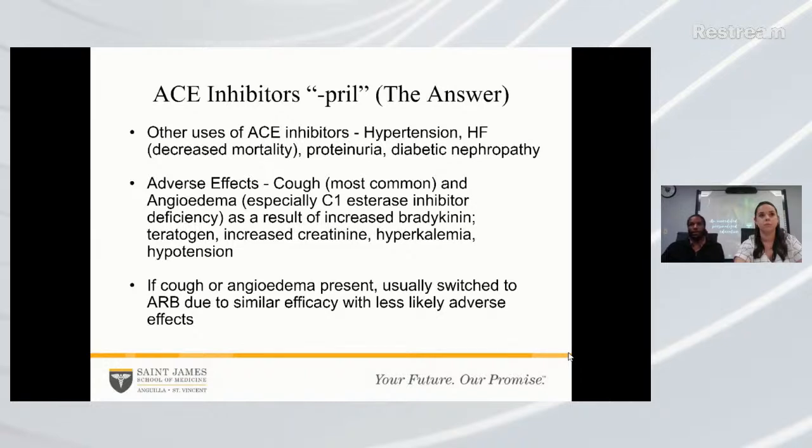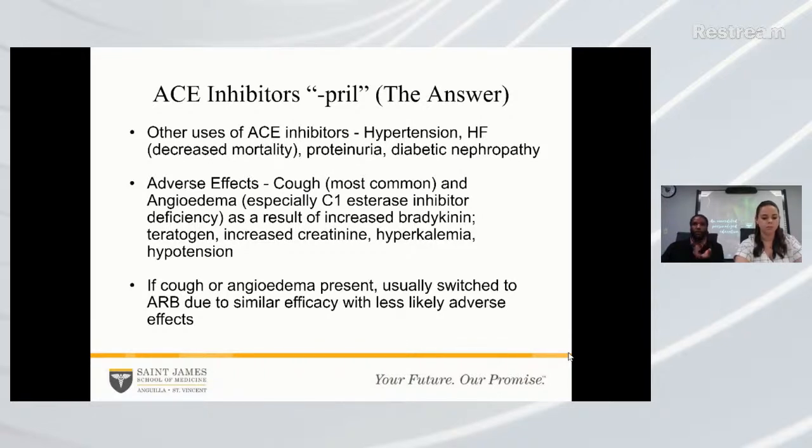But the other ones, so teratogen. If you have a pregnant lady who takes an ACE inhibitor, it can lead to renal malformations in their baby. It can also increase the creatinine because you are decreasing the GFR. It can lead to hyperkalemia because you're blocking angiotensin-2, leading to aldosterone release, so you would retain potassium.